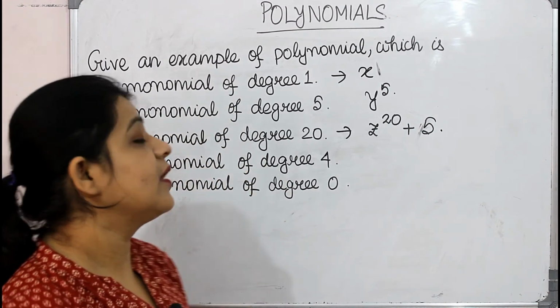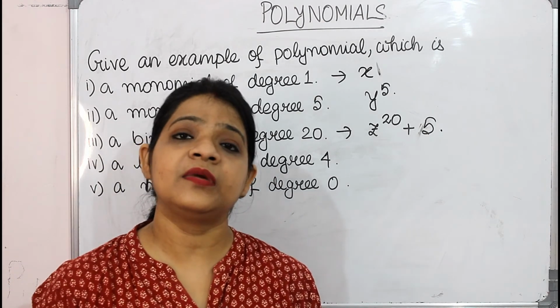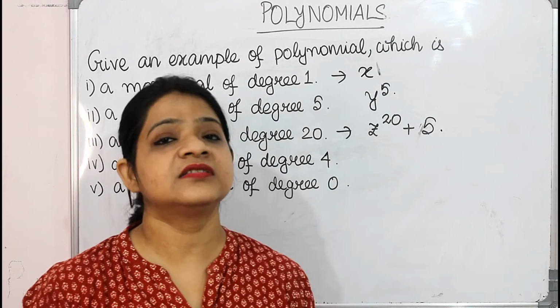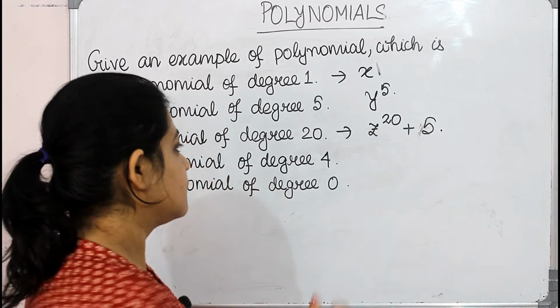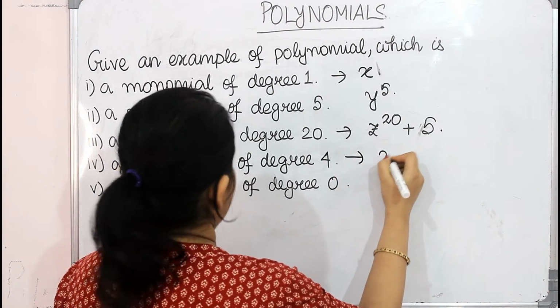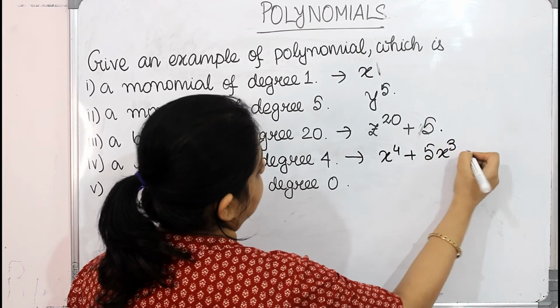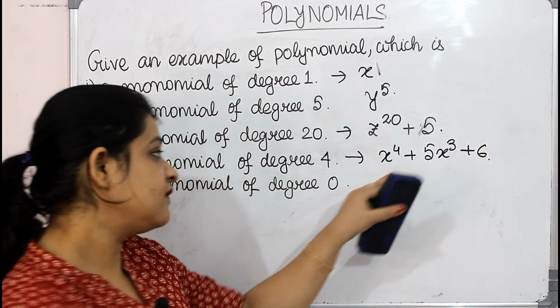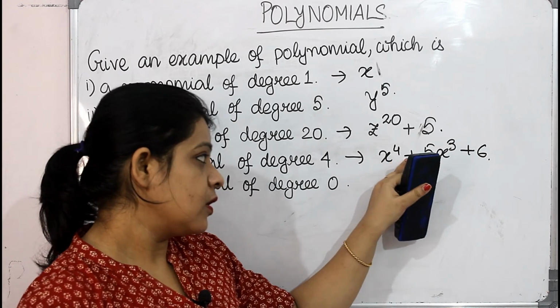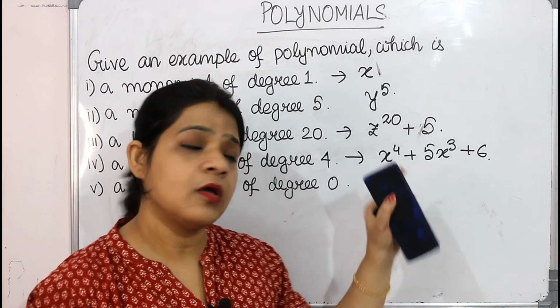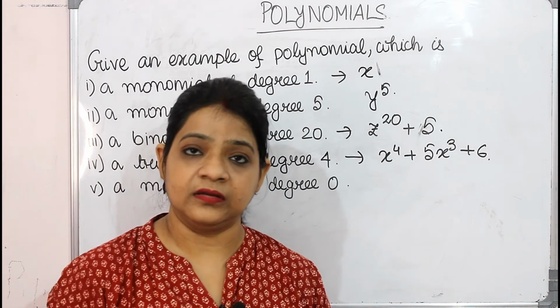Next is a trinomial of degree 4. Trinomial means 3 terms and the highest degree will be 4. So let's write x to the power of 4 plus 5x cube plus 6. So it has a degree of 4 and 3 terms are there.